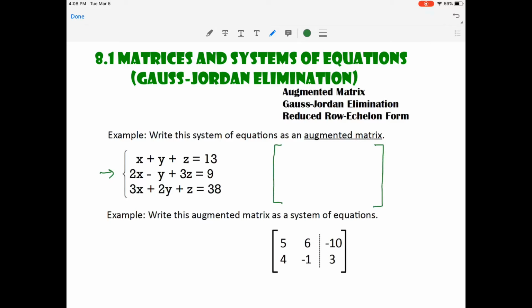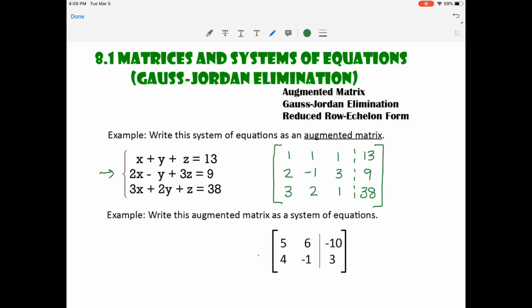And this isn't a matrix equation, it's a single matrix where we put the coefficients and then we sort of put that answer over on the side. So we're going to call that the augmented matrix. So that's the first thing.